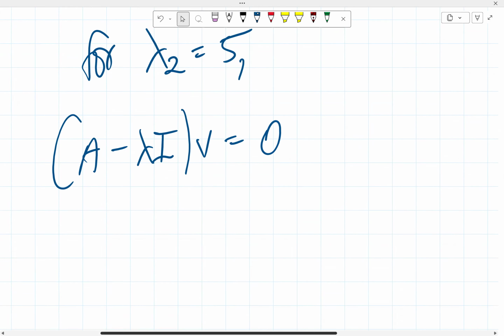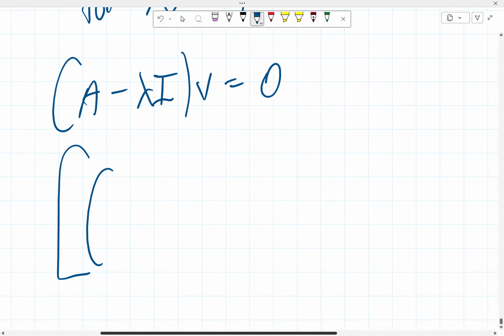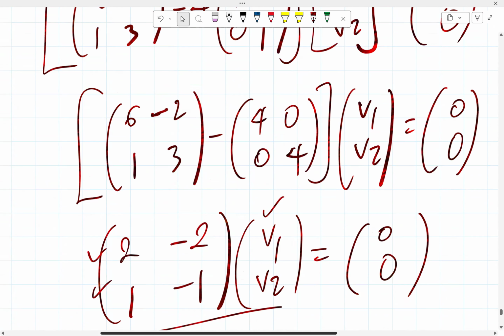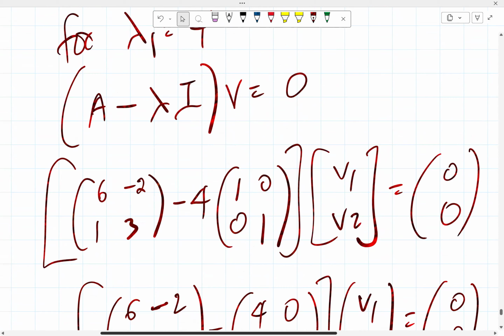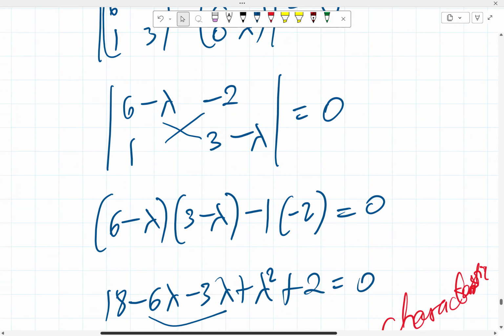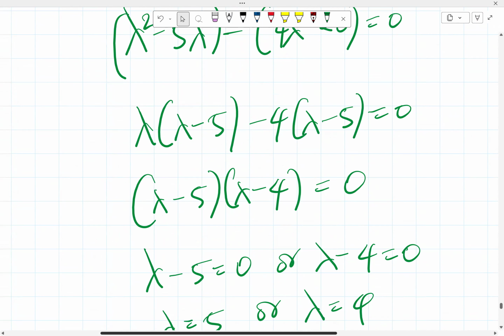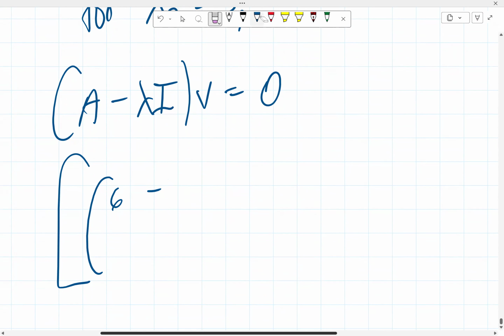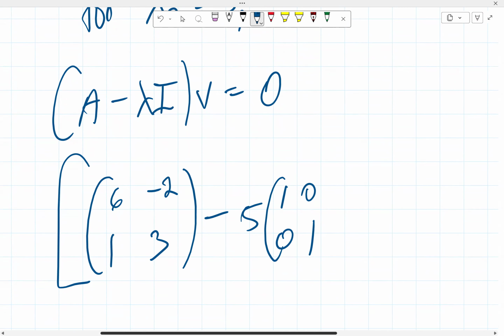So again we do the same thing: [6, -2; 1, 3] minus the lambda, which is now 5, into [1, 0; 0, 1], equals 0, 0.